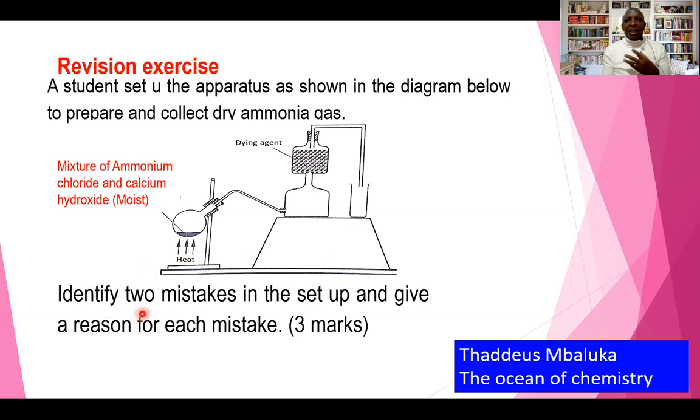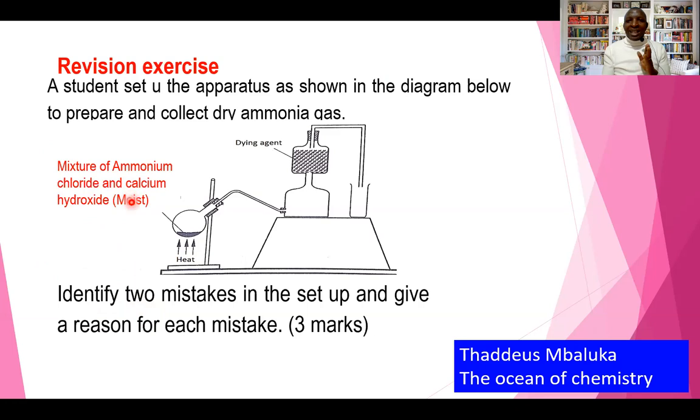Let's look at that, referring to the notes that I've already given you. One is that we always use dry reagents, so the use of moist reagents is a mistake. The ammonia gas produced will dissolve.